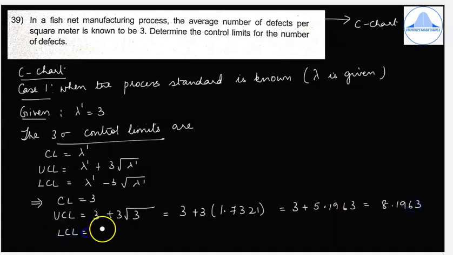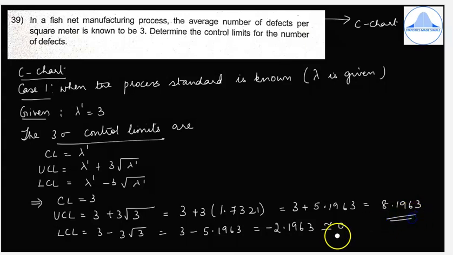And LCL is 3 minus 3 into root 3, which is 3 minus 5.1963, equal to minus 2.1963. But the lower control limit cannot be negative, so you approximate it to 0. So the final 3 sigma control limits are CL is 3, UCL is 8.1963 and LCL is equal to 0.